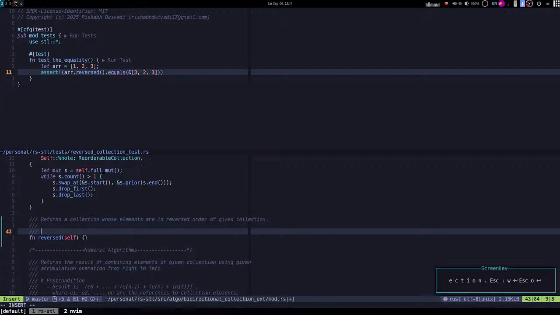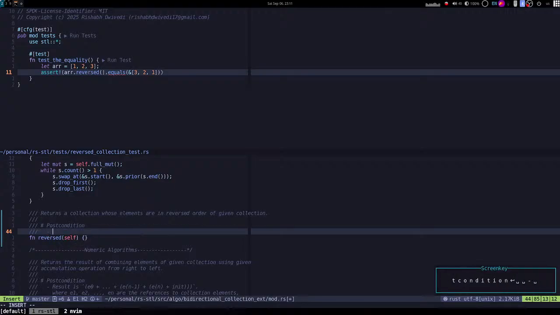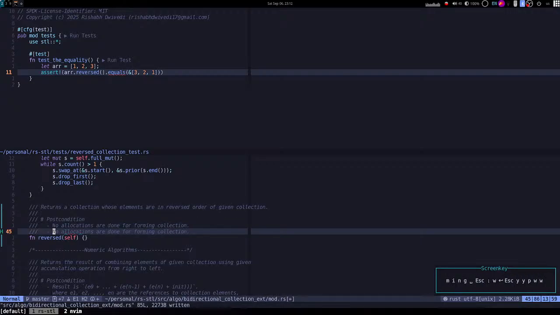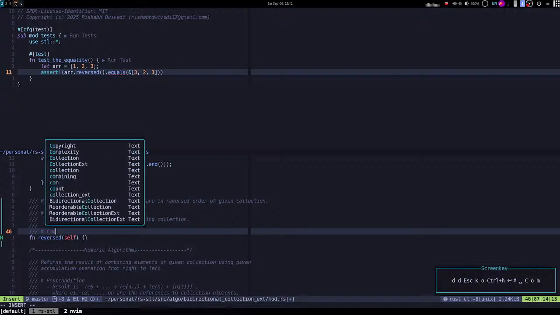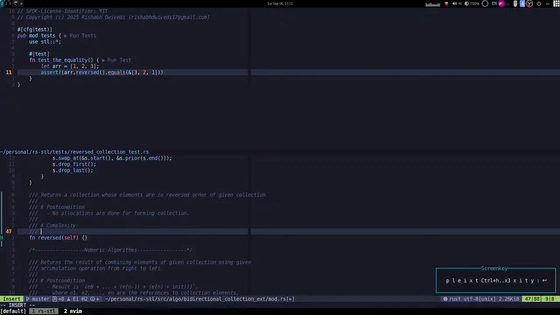Post condition, I guess, no allocations are done for forming new collections. What is next? The next is complexity, I guess. Complexity is basically order of one.